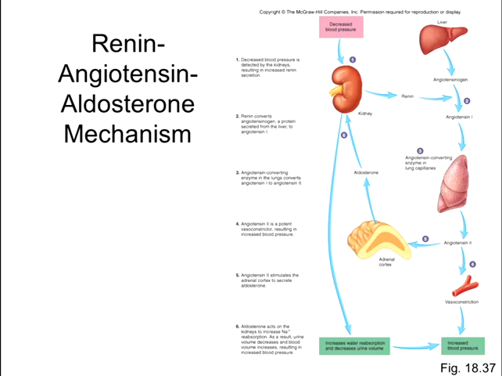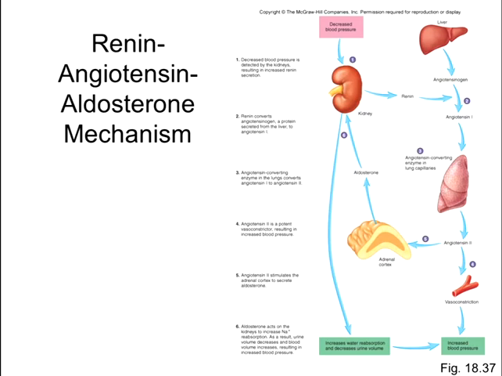Angiotensin 1 is active, but it doesn't do a whole lot. It becomes more active when we convert it to angiotensin 2. In order to do that, we make our way into the lung capillaries. Once we're in the capillaries of the lungs, there's enzymes known as angiotensin converting enzymes that convert angiotensin 1 to angiotensin 2. This is also why, and I mentioned in the in-class Zoom meeting, you may have heard of the term an ACE inhibitor.